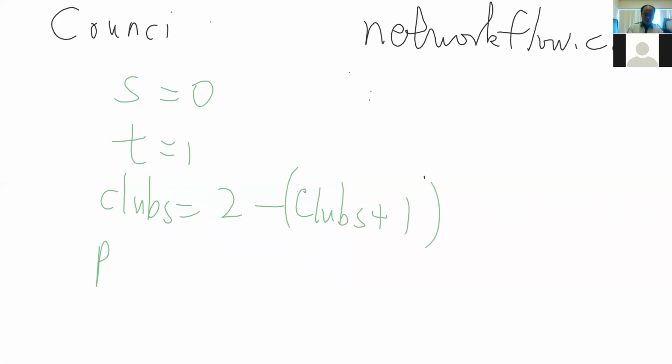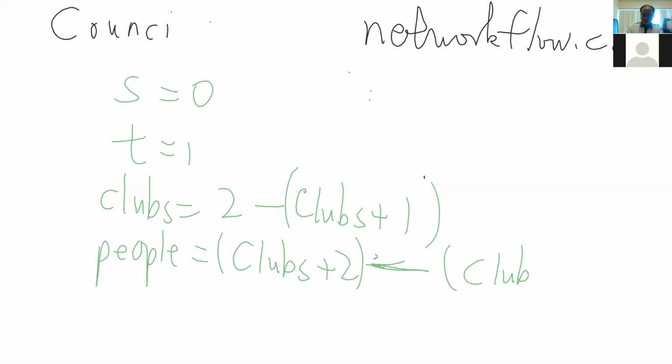And then the people would be clubs plus 2 all the way to clubs plus 1 plus number of people, right, and so on. And you can work it out. This is not the only scheme that you can use, but this is one way.